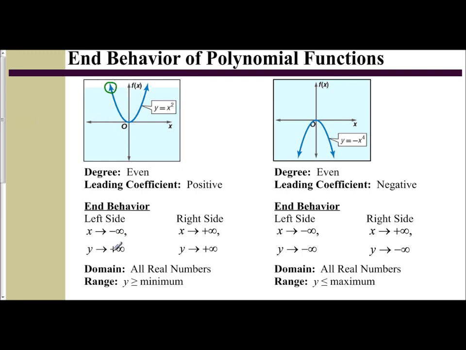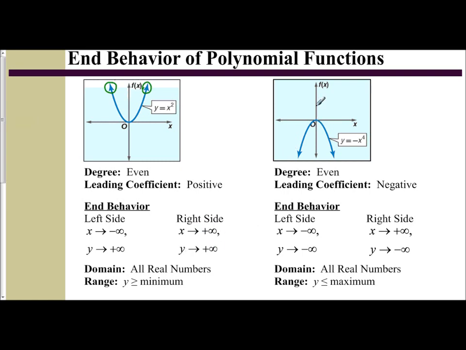That means your y values are increasing to positive infinity. If you focus on the right side, my x values are increasing to the right, so they're approaching positive infinity. And as my x values increase, you can see this curve is pointing up, and so are the y values. The y values are increasing. So the right side behavior is x approaches positive infinity, y approaches positive infinity.